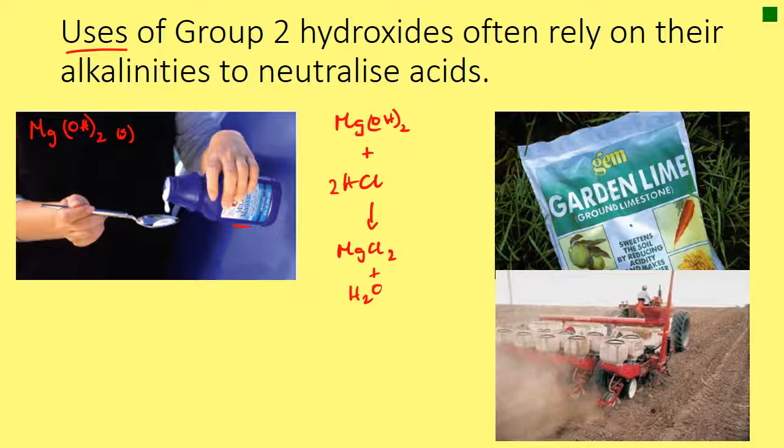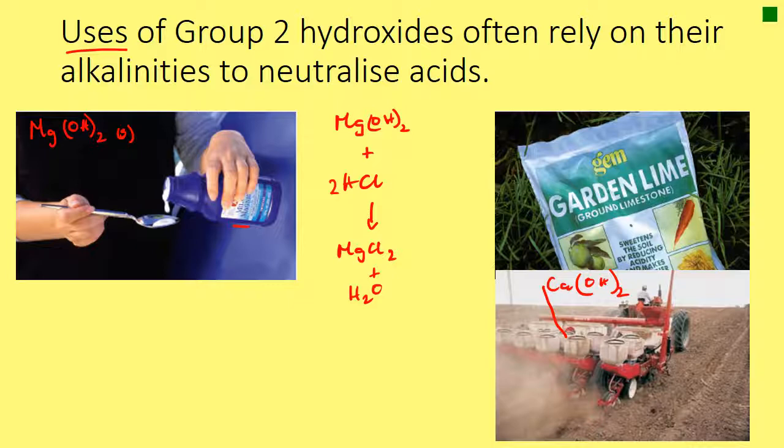It's not just acid rain that makes the soil acidic. Sometimes if there's a lot of aluminium in the ground, then that leads to acid as well. And so here we're using calcium hydroxide. This stuff here is going to be calcium hydroxide, and we've got a similar reaction that happens.